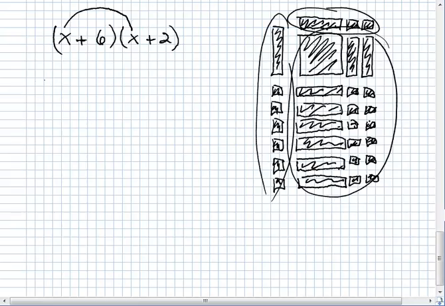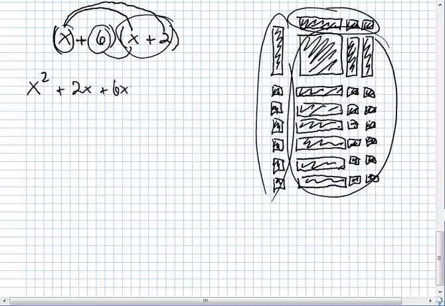So x times x is x squared. Multiply x as well by the second term, so x times 2 gives me 2x. So now I've multiplied the x here by everything in this bracket. I have to do the same thing to the 6 here. So 6 times x is 6x, and 6 times 2 is 12.